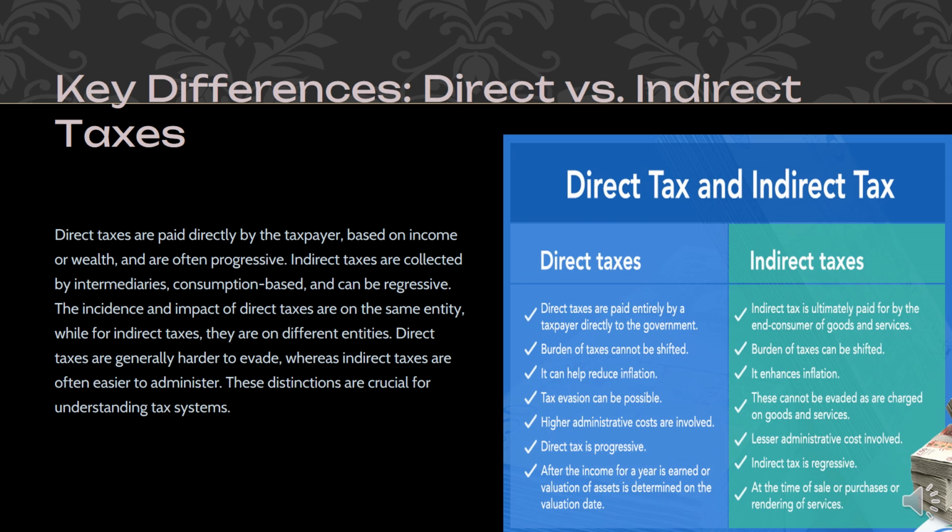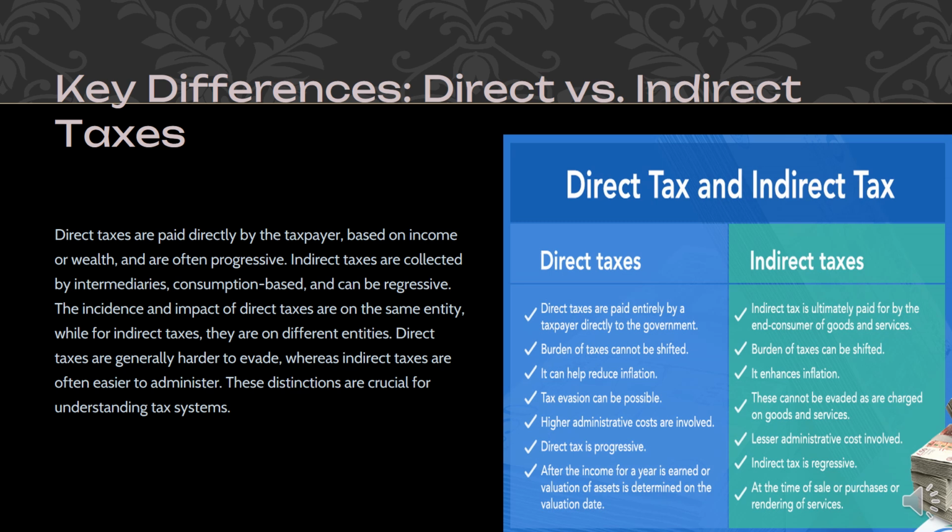Tax burden. The burden of taxation cannot be shifted in the case of direct taxes, but in indirect taxes the burden of taxation is shifted from the service provider or manufacturer to the end consumer. Nature of the tax.